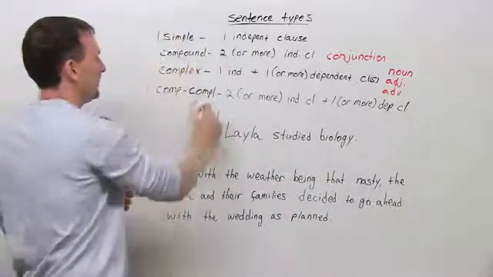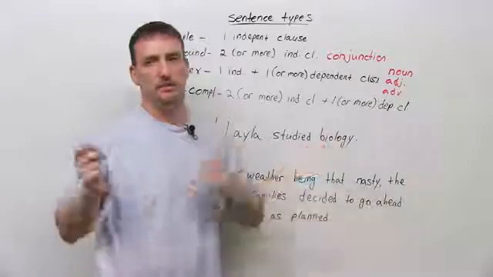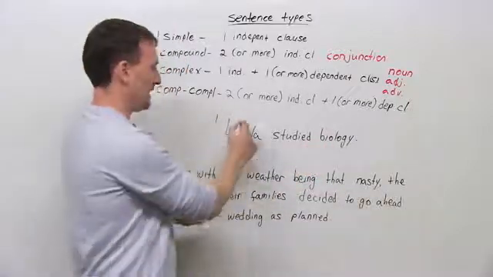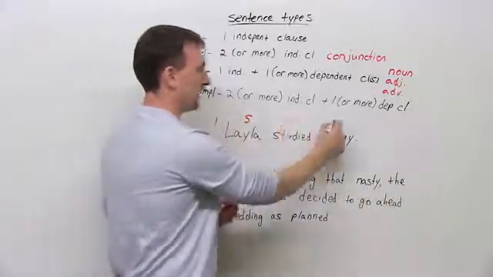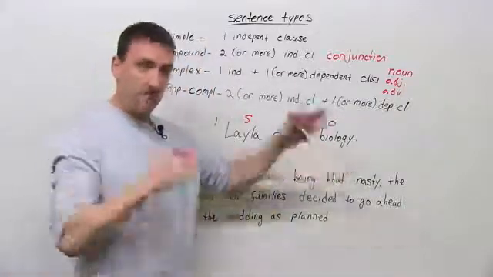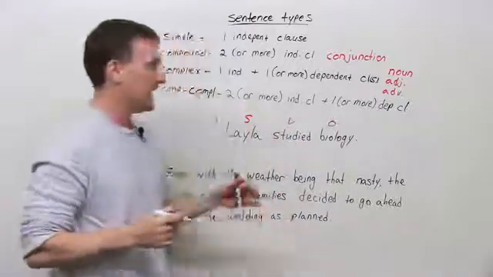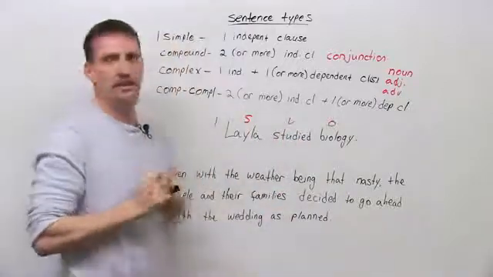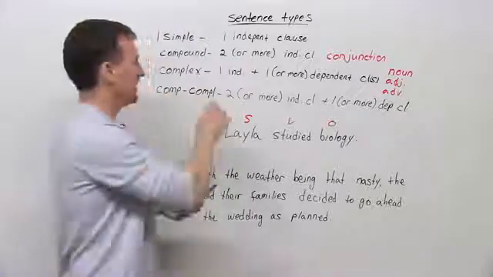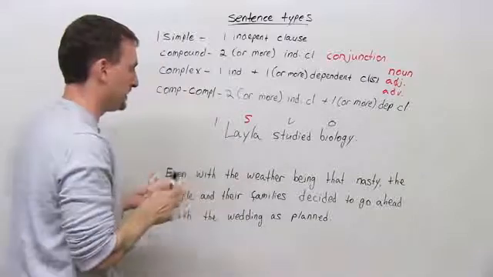We're going to start with the simple sentence. Layla studied biology. Very simple. I have a subject, I have a verb, I have an object. Okay? This is a simple sentence. It's an independent clause. It can stand by itself. It's a complete idea. Now, I can add anything I want to this that is not another clause of any type, and it'll still be a simple sentence.